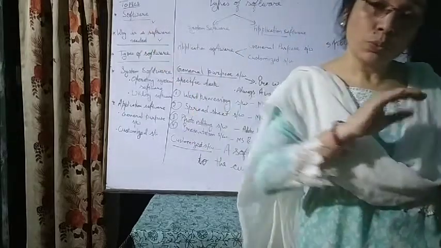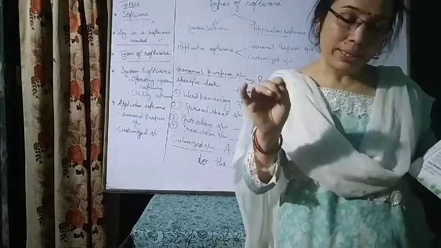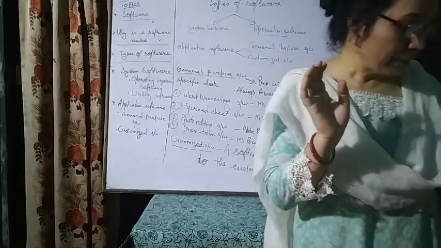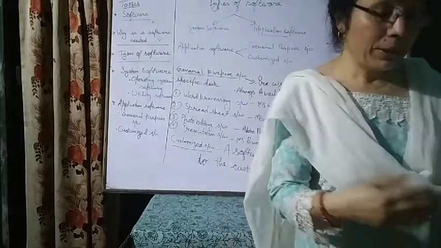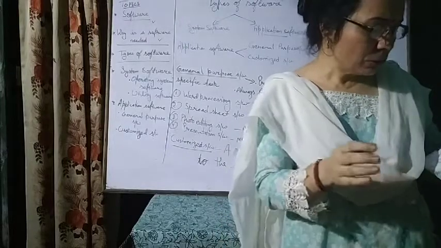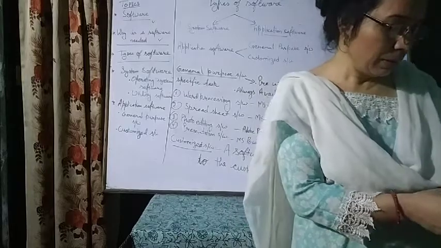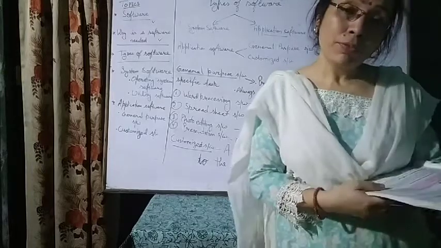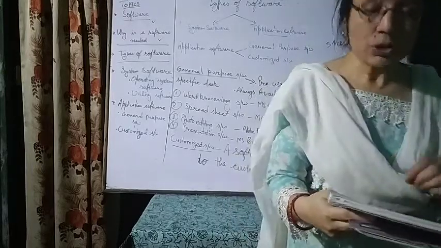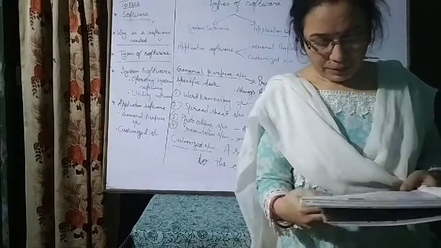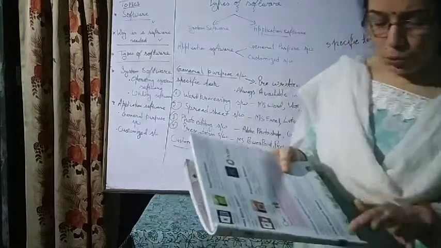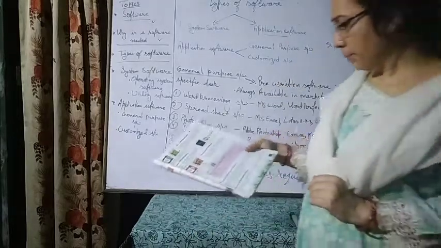Thousands of books are there, so the librarian has to enter every book in the computer. Then how many are issued, how many are returned. All these types of records we can keep in our computer with the help of library management software. These are especially used in schools and colleges. Clear?